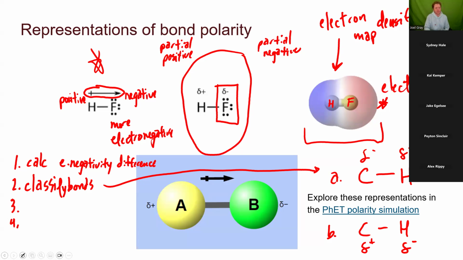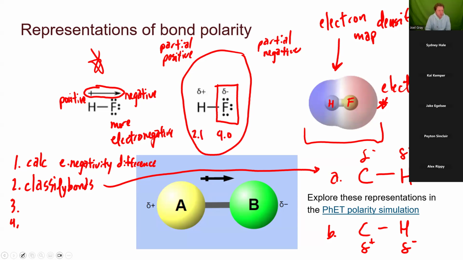Carbon has an electronegativity of 2.5, and hydrogen is 2.1. I understand it probably seems like I just lied to you, because I said I will always give you the electronegativity values, and then I promptly asked you a question and didn't give them. Fluorine is 4.0, hydrogen is still 2.1.